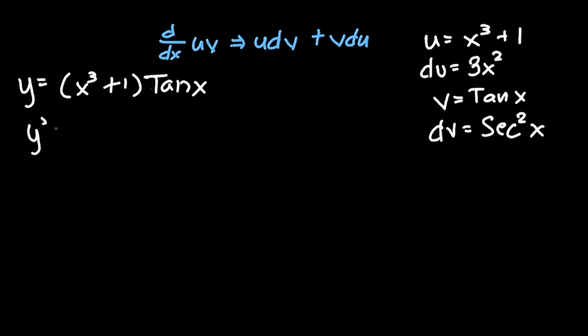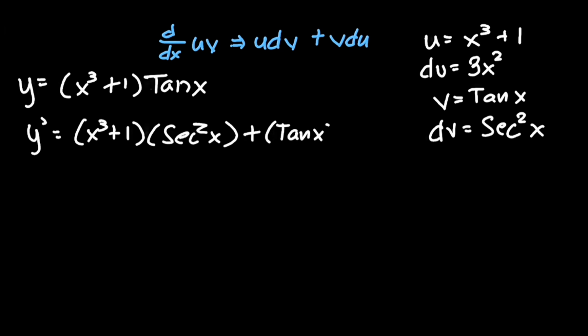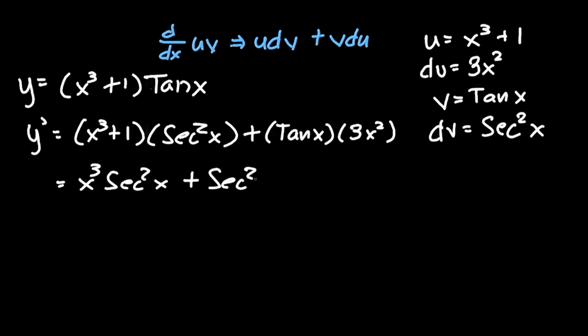Y prime now here would be x cubed plus 1 multiplied by secant squared x plus v, which is tangent of x, multiplied by 3x squared. Solve this and you will get x cubed secant squared x plus secant squared x plus 3x squared tangent of x.